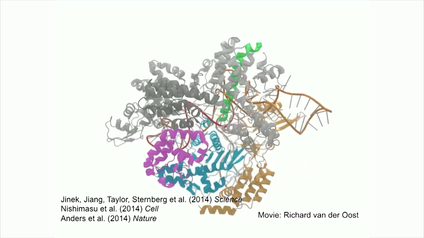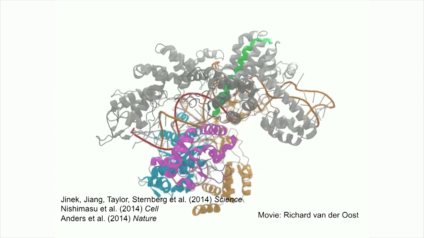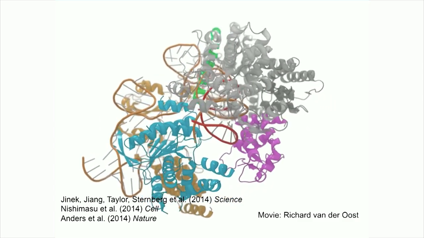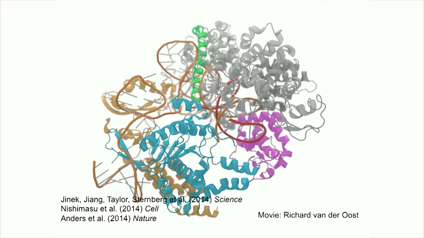And so it's a movie that is morphing between these two different structures, but it certainly suggests that this protein undergoes a large dynamic change in conformation when it interacts with nucleic acid to form what we think is a very high affinity interaction with DNA. And as I mentioned yesterday, we think that even after cleaving the DNA, this structure is maintained and has a very high affinity for the product of the cleavage reaction.